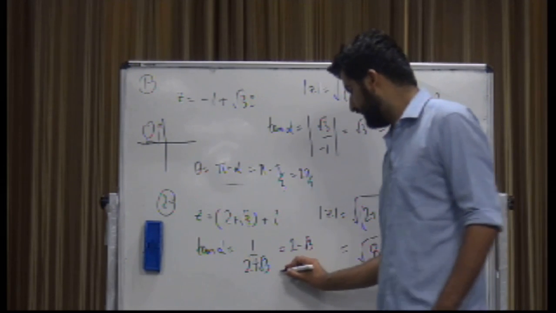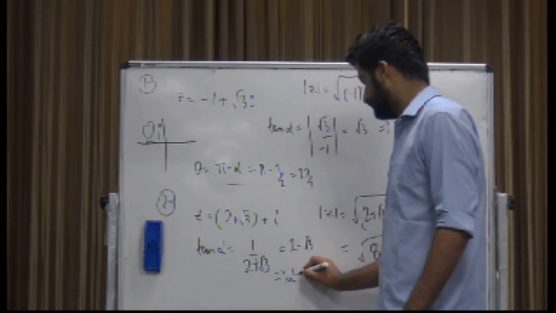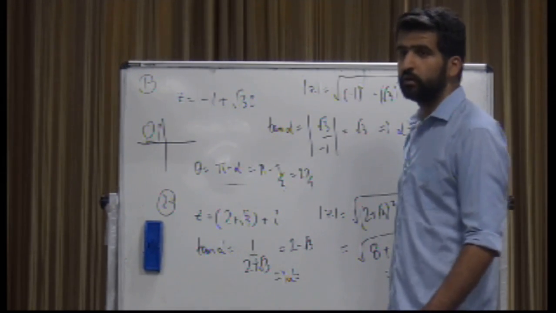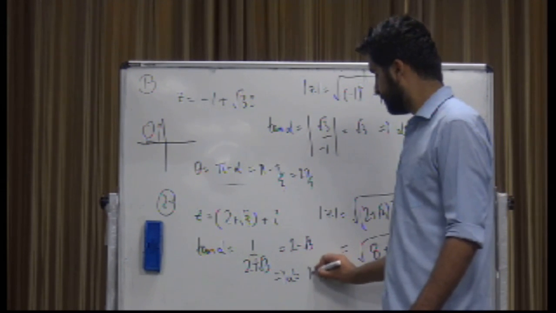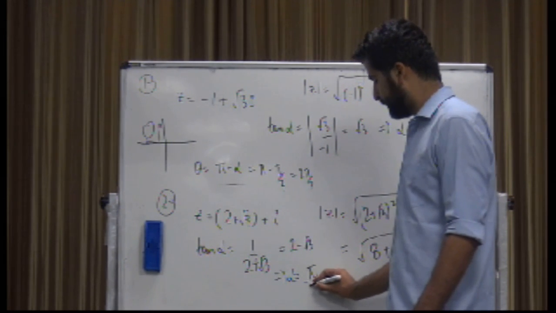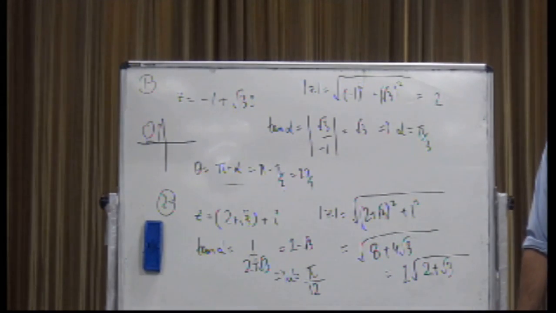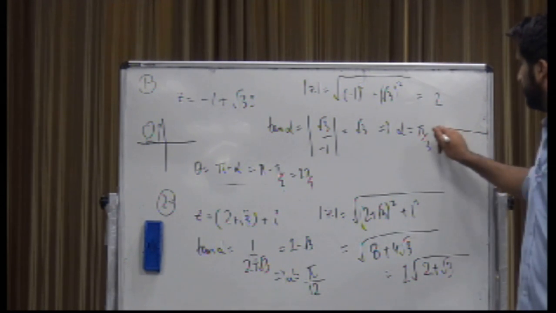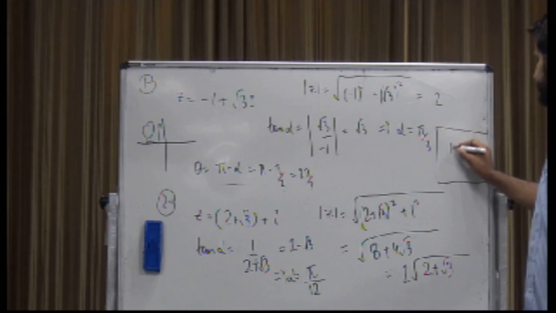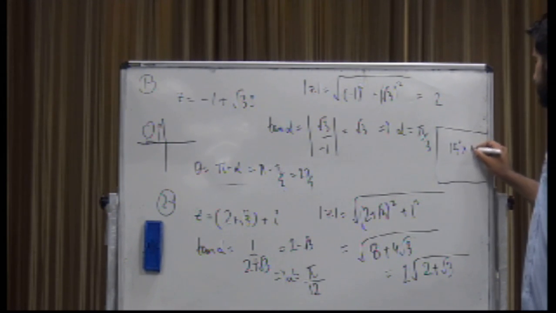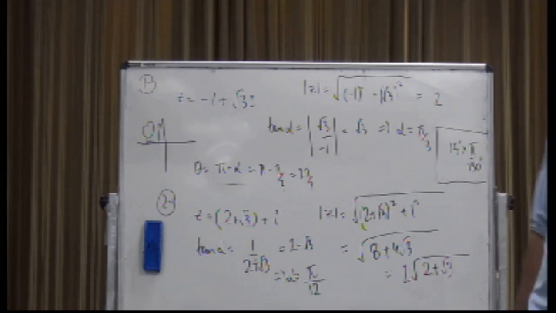So the value of alpha here will be 15 degrees, which is pi by 12. How to convert an angle into radians? Remember, if you have 15 degrees, multiply it by pi upon 180 degrees.